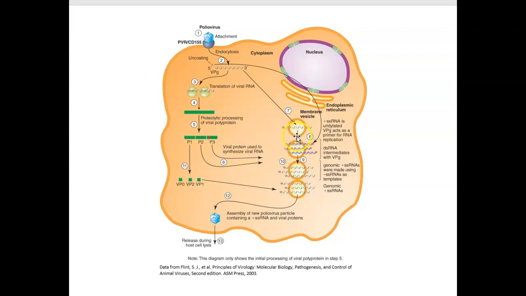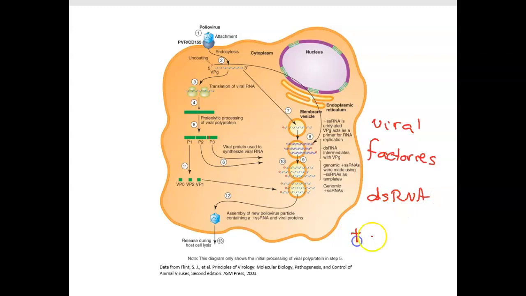Now, the virus is going to reorganize the membranous organelles inside the cell, and it's going to form viral factories. This is important because it needs to hide itself within these membranous vesicles, because it doesn't want to activate the innate immune system. So it's using these to protect the double-stranded RNA intermediate.